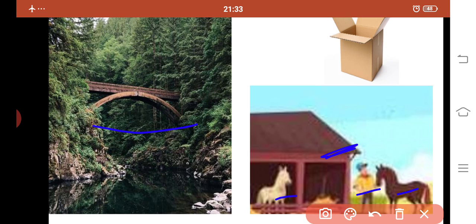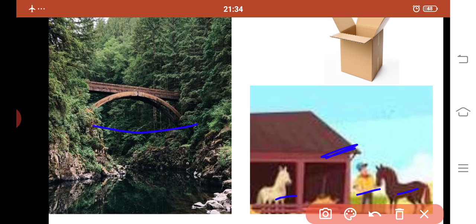Here the bridge is a strong bridge. We can say, this is a strong bridge, or wooden bridge, or stone bridge, or old bridge. We can also say something about the river. How can we describe this river? This is the deepest river, deep.